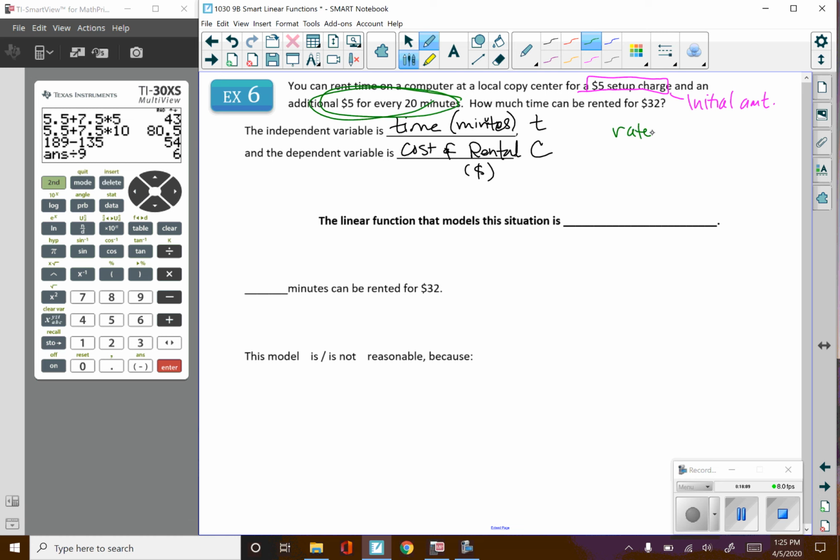The rate of change here is the change in our y value, or the change in our dependent variable. So it's a $5 charge per 20 minutes. And we divide it by the independent variable. So if we go ahead and divide that, $5 divided by 20 minutes, that gives us a rate of change of 25 cents, or a quarter of a dollar per minute.